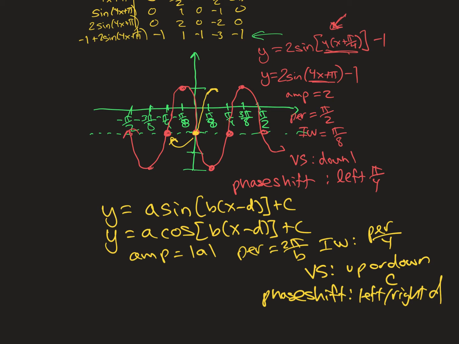It's going to be a cosine. We'll break it up and make it a cosine here. All right, so let's do y equals 2 cosine of x plus pi over 4.